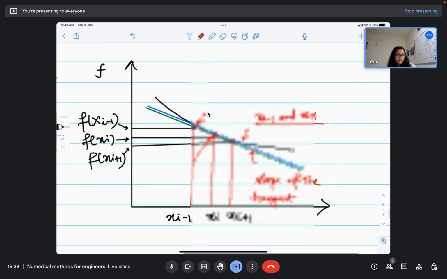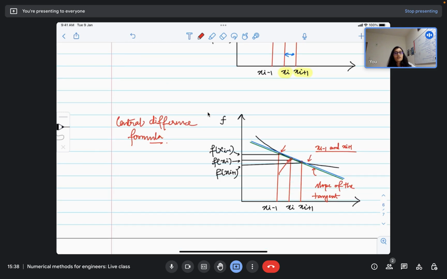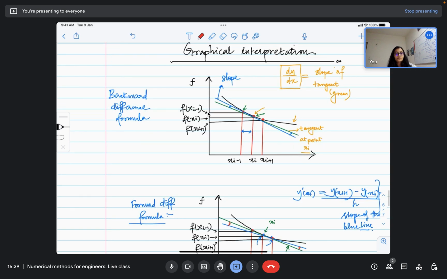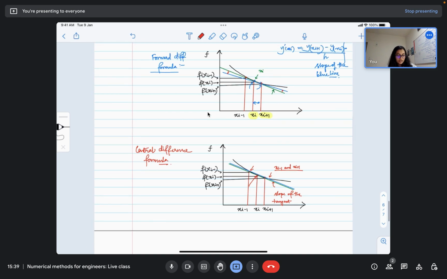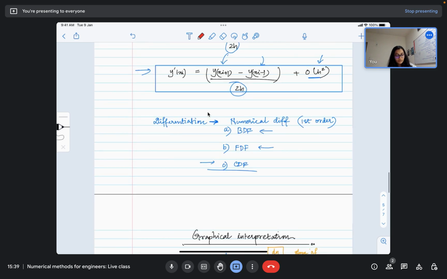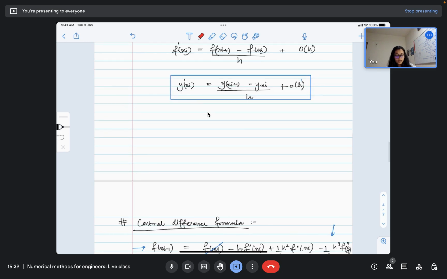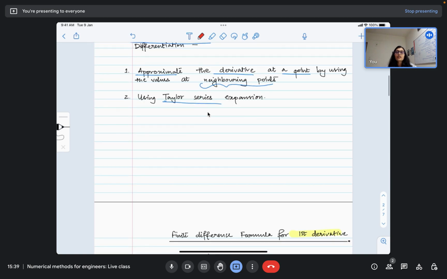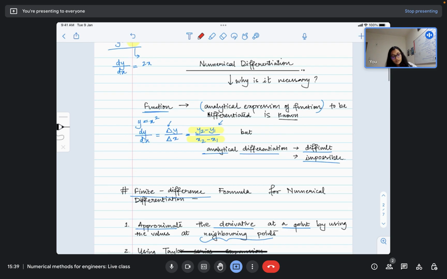Hence the central difference formula is more accurate than the forward and backward difference formulas. So this is the graphical representation of what we find by the forward, backward, and central difference formulas, the 3 techniques we have learned today to compute numerical differentiation.